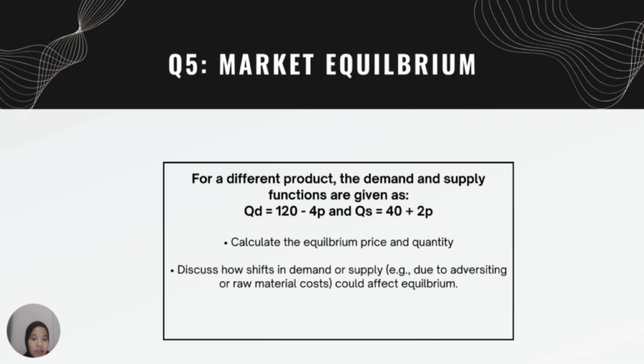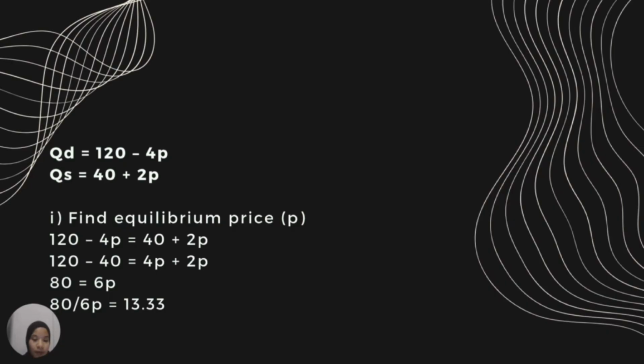Calculate the equilibrium price and quantity, and discuss how shifts in demand or supply affect them. The demand function is QD equals 120 minus 4P. The supply function is QS equals 40 plus 2P.